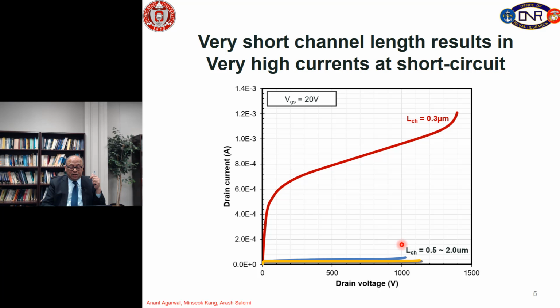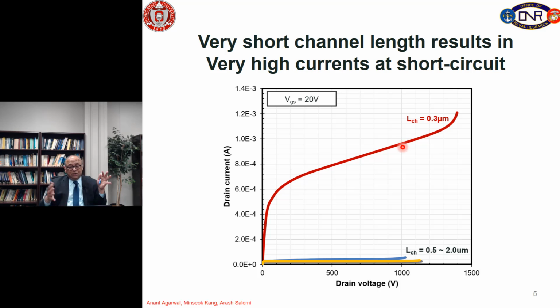So remember 0.5 micron is here, the blue line, and then 2 micron is down here in the noise. But look at 0.3 micron, the current becomes almost 1 milliamp.